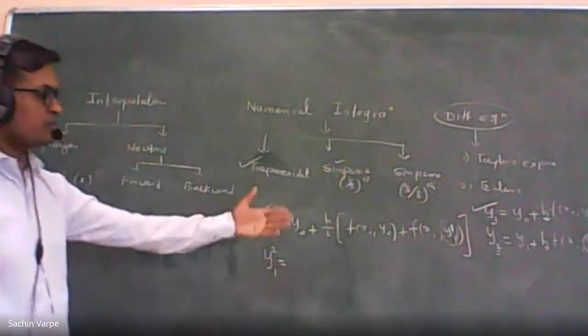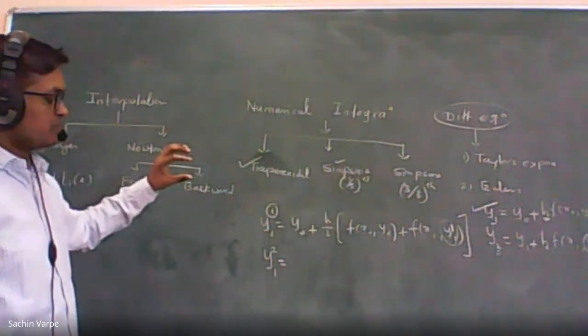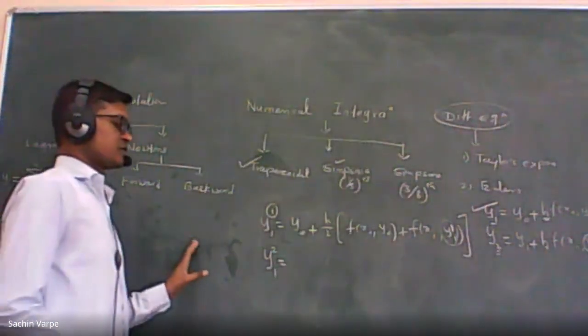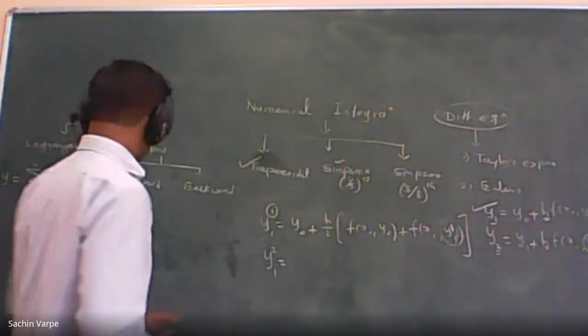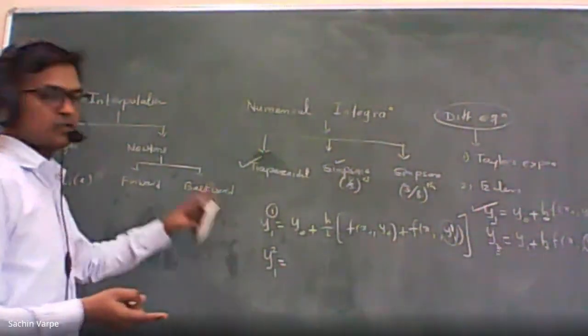And this process will be repeated until we get the same digits up to 4 decimal places. All right. And the same procedure will repeat for all the required ordinates, not just for the first ordinate.